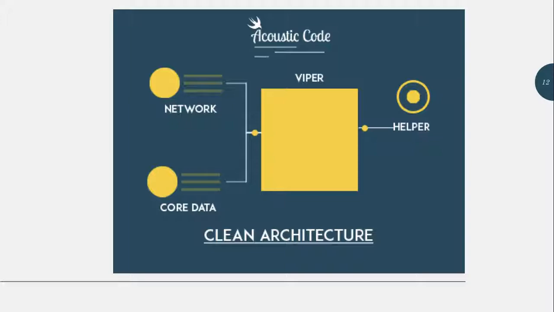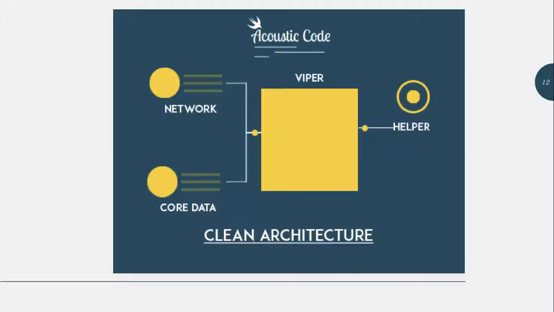For now, let's just say there's a network, there's core data, and there's a helper, and in between there's Viper. So it's an architecture. Every data is completely interacting with the Viper architecture. Everything is performed inside the Viper, just the processing of data and everything is separated. That means it has layers: a network layer, a core data layer, a helper layer, and a Viper layer.